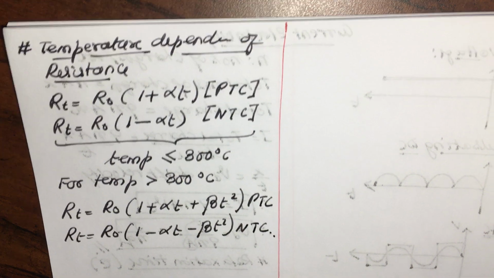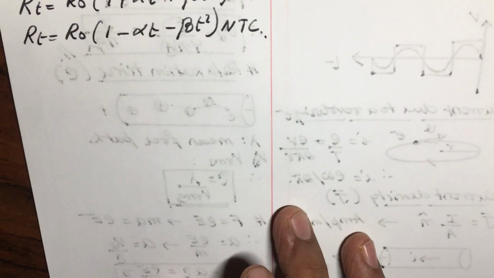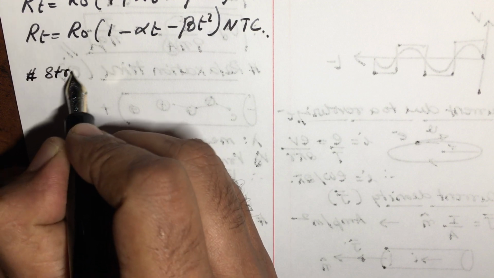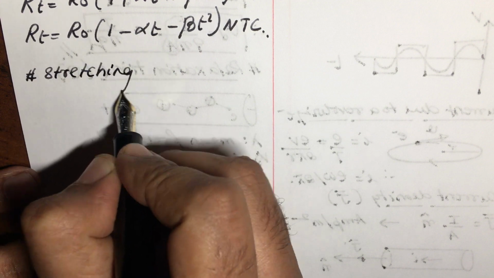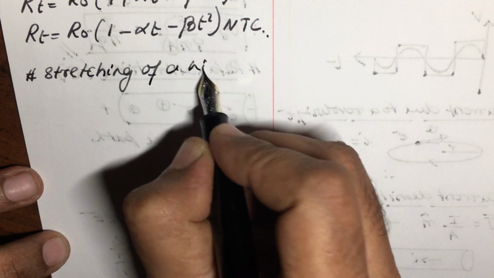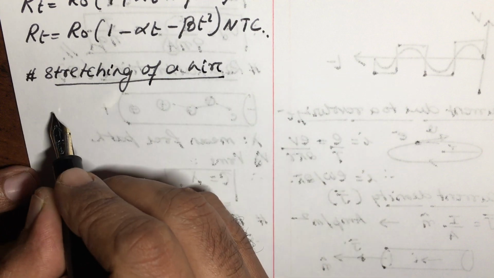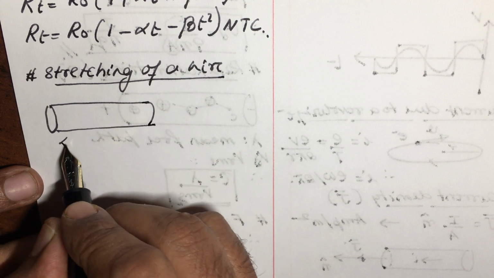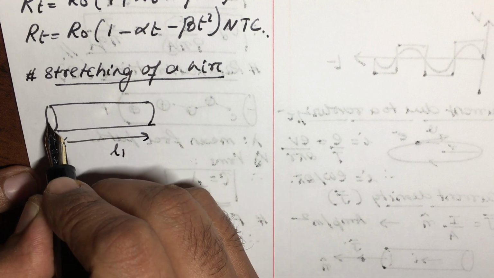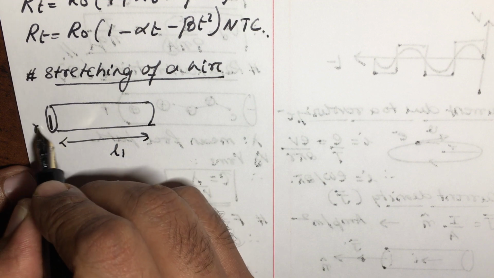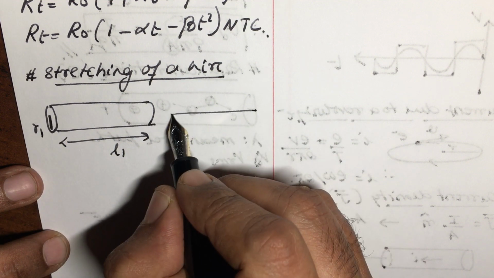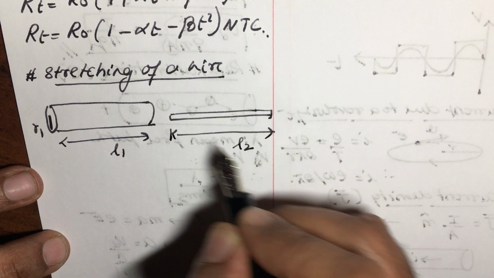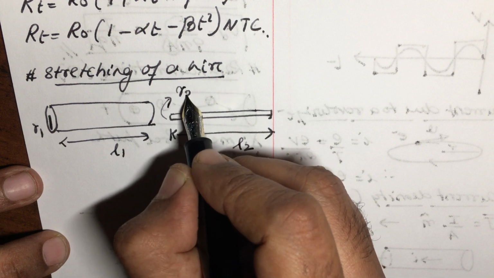Okay. Next we go for stretching of a wire problem. If you have stretching of a wire, so if you have a wire of length L1 and radius is R1, it is stretched and the length now becomes L2 and the radius becomes R2.